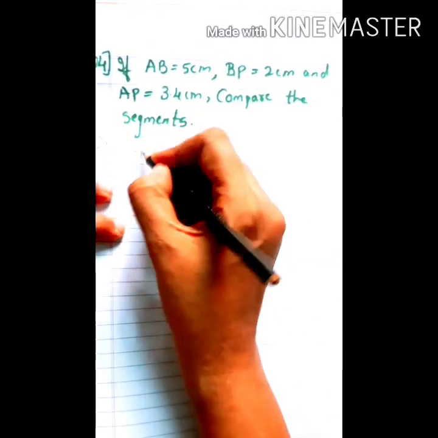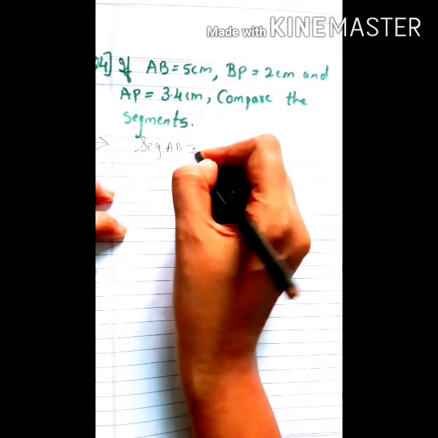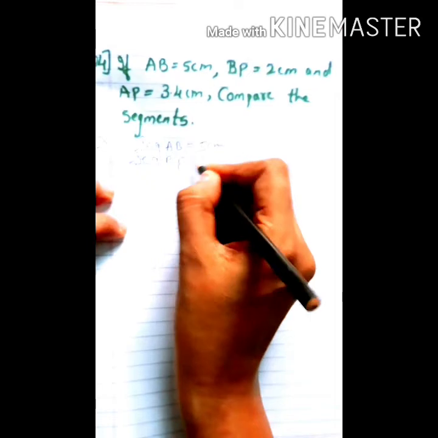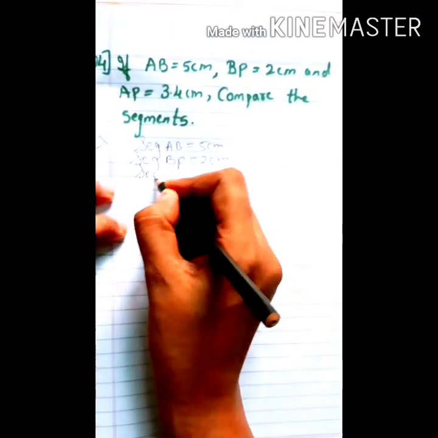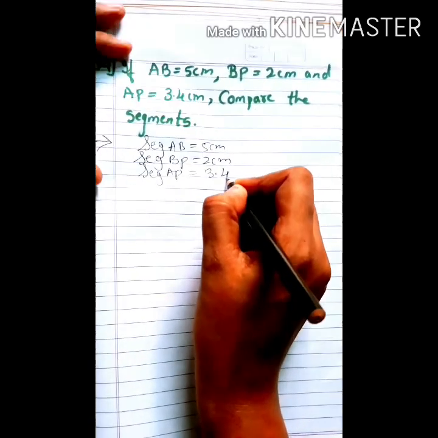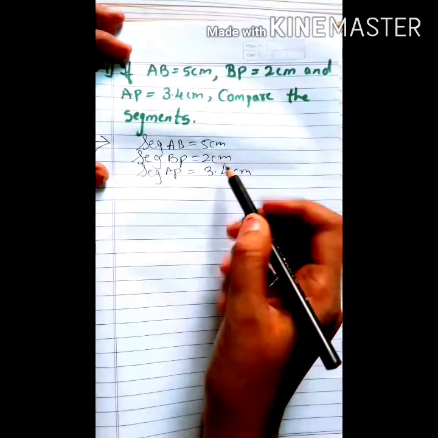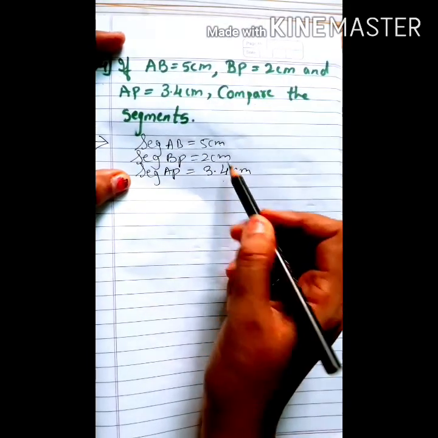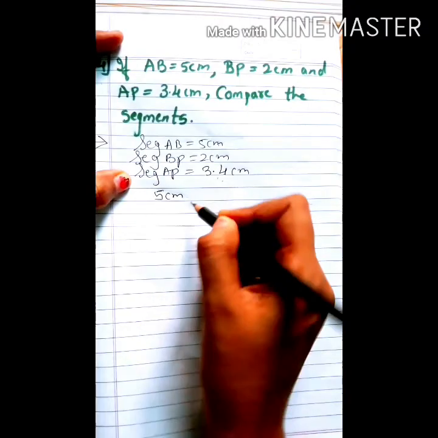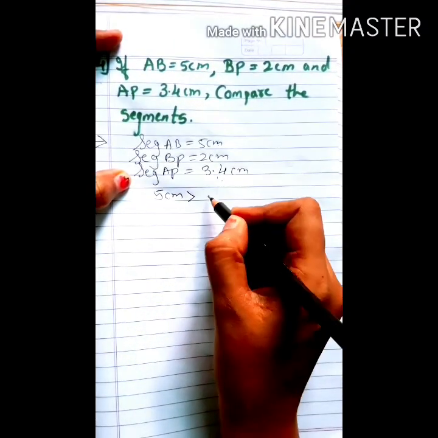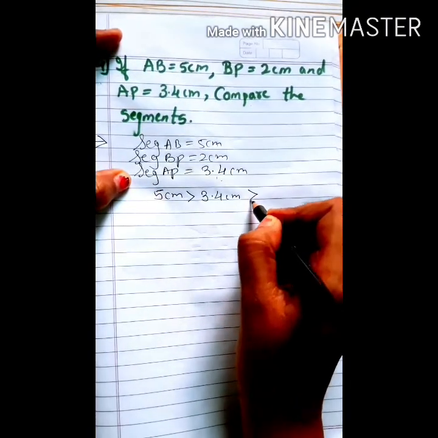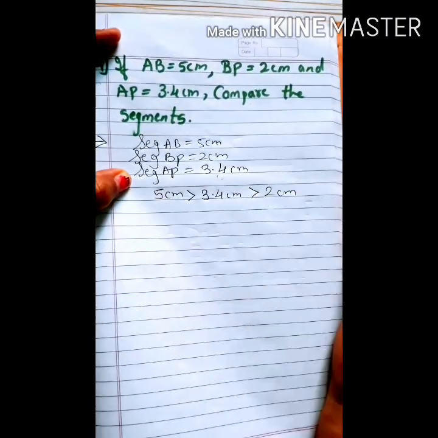So segment AB is given 5 centimeter, segment BP is given 2 centimeter, segment AP is given 3.4 centimeter. Among these three segments, which is the greatest number? 5 centimeter is greater than 3.4 centimeter. 3.4 centimeter is greater than 2 centimeter.